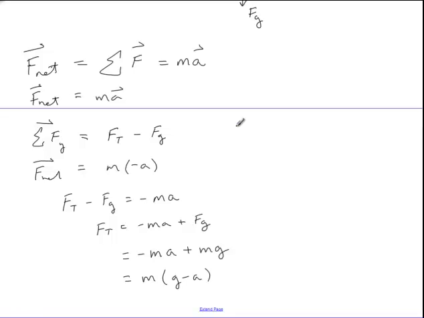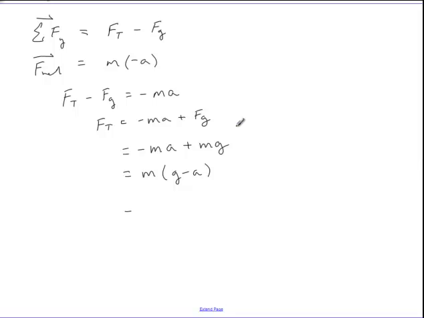Okay, so the tension in this elevator is mass times g minus a. And the mass is 900 kilograms. Gravity is 9.8 meters per second squared. Again, we've already taken into account that it's a vector, so you don't need to say that it's negative. We already took that into account. And then you subtract the acceleration, which is 1.30 meters per second squared.